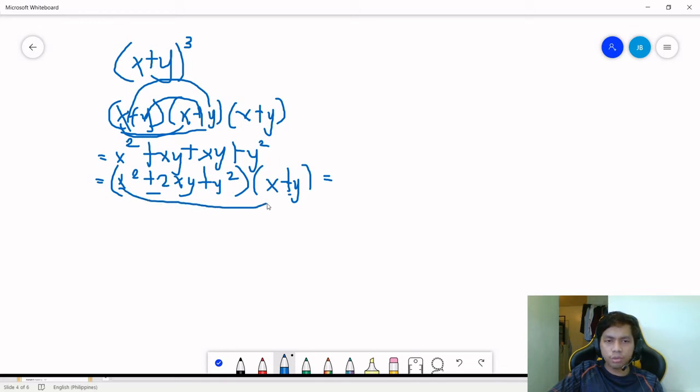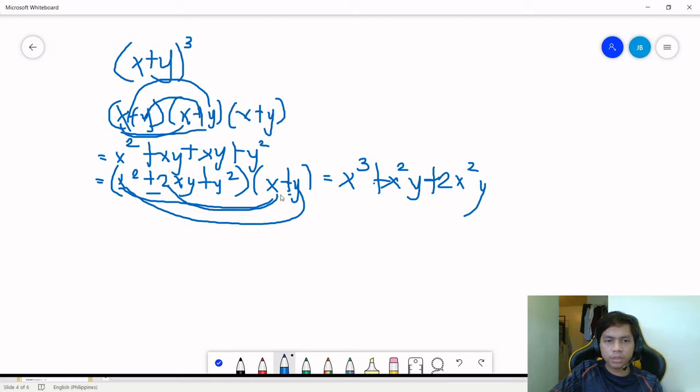Once again, we multiply it like this. First, x cubed, plus x squared y. Then this, plus 2x squared y, because 2xy times x is 2x squared y.